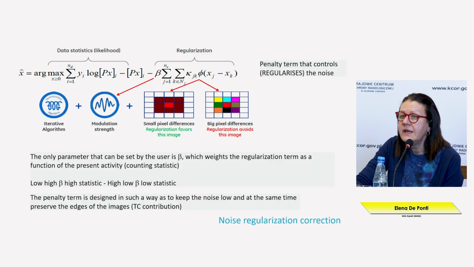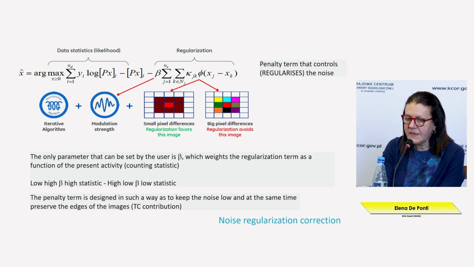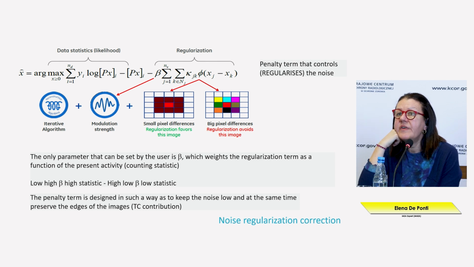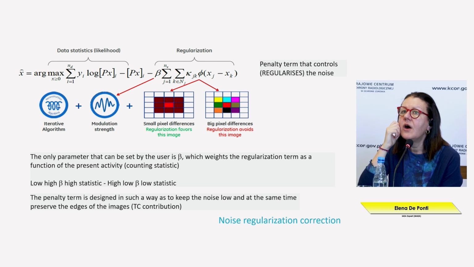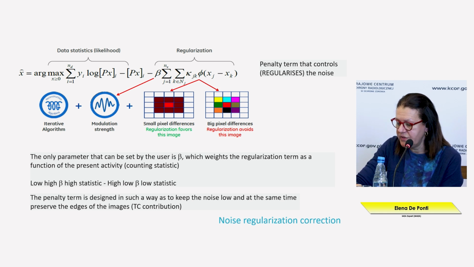To control the noise in the image, many systems include in the calculation of the function a sort of penalty term that has the purpose of keeping low the difference between two adjacent voxels, and so avoiding the statistical fluctuations that are typical of iterative reconstruction with a large number of iterations.